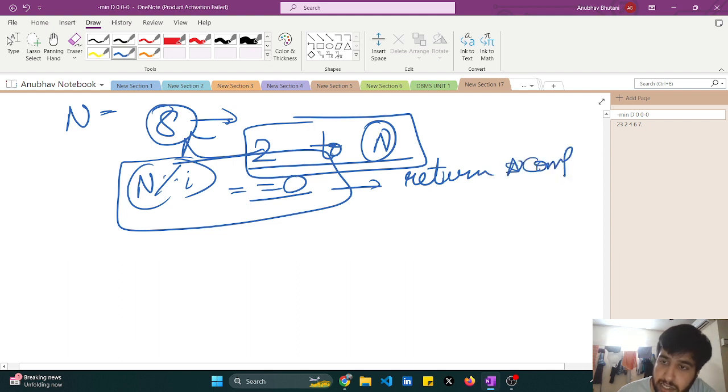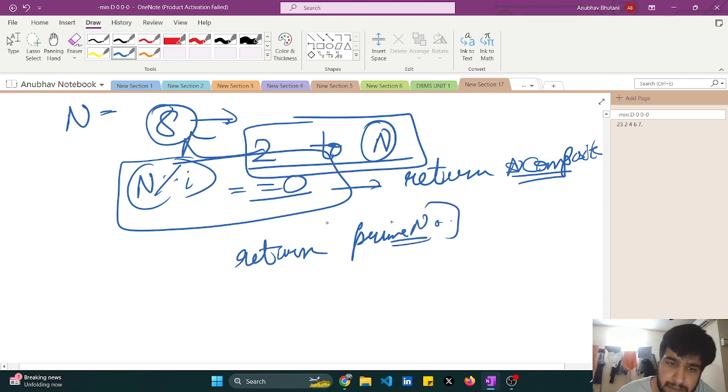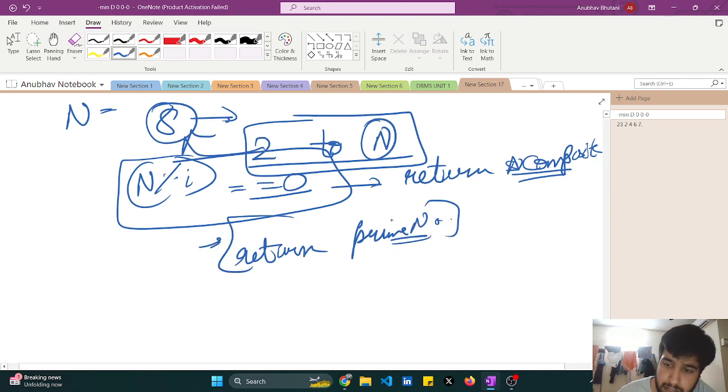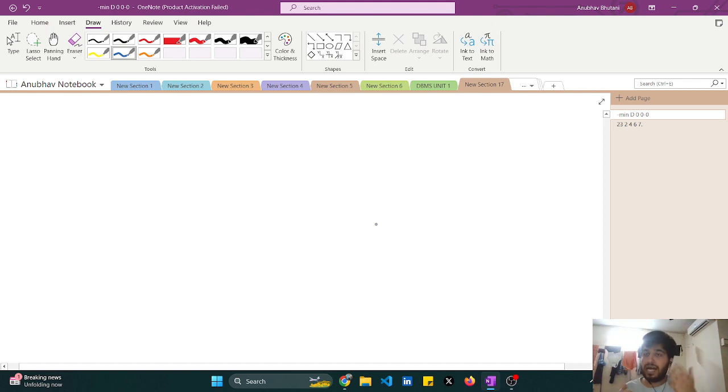Return composite. Or if it successfully runs, then I'll return prime number, because it is then a prime number. Okay, so now I know how I can check whether a given number is prime or not.